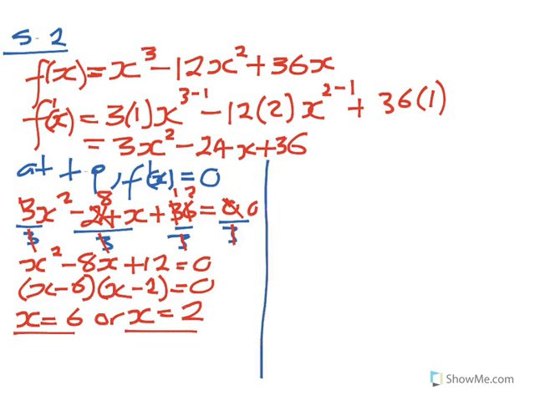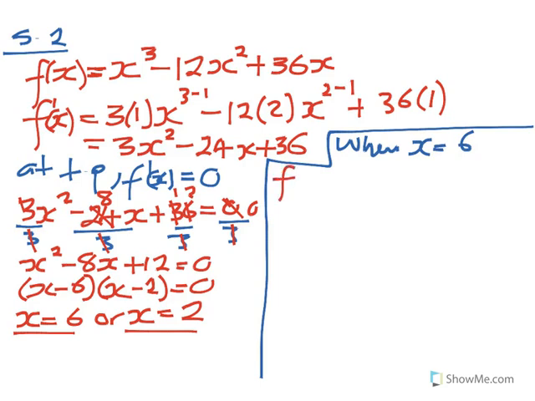So now if I can divide this page, let's look at the y values. So the first thing is, when x is equal to 6, what happens? You have to find the y value.